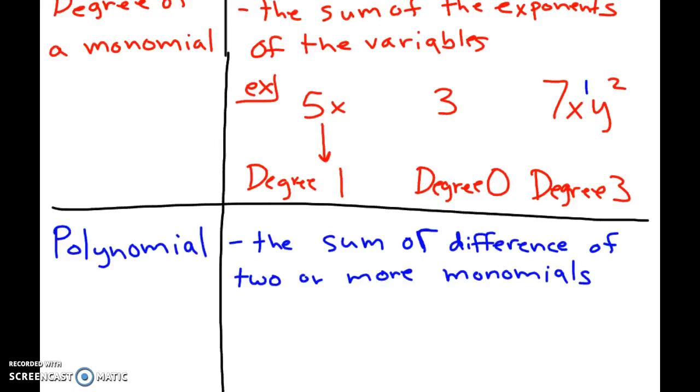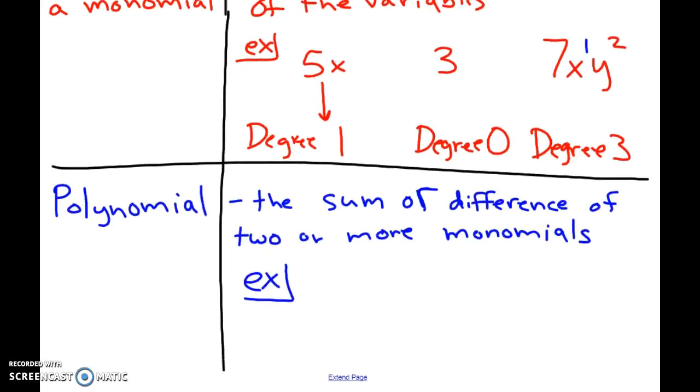That would be something like 3x squared plus 4x plus 2, or something like negative 5x to the fourth minus 2x squared plus 6.